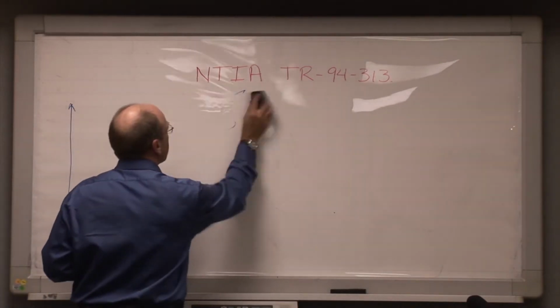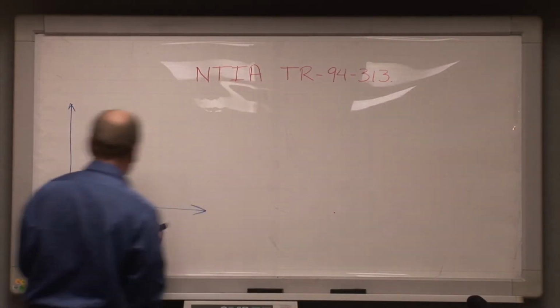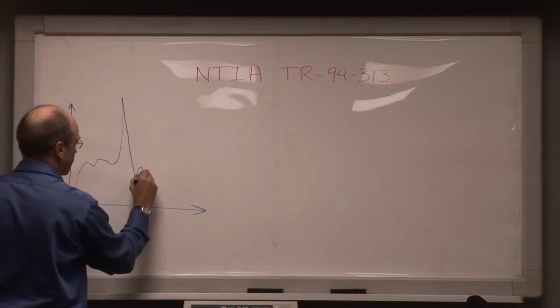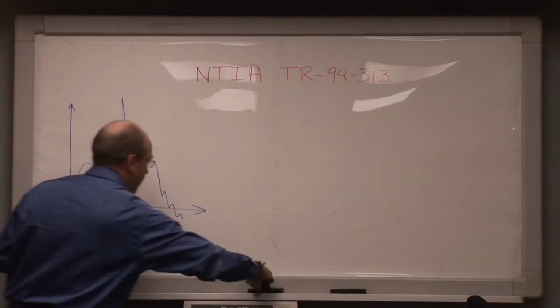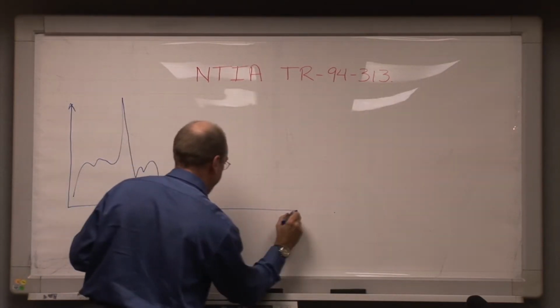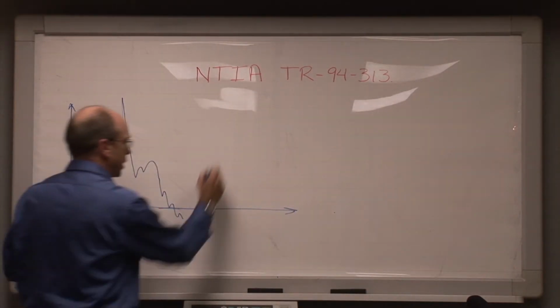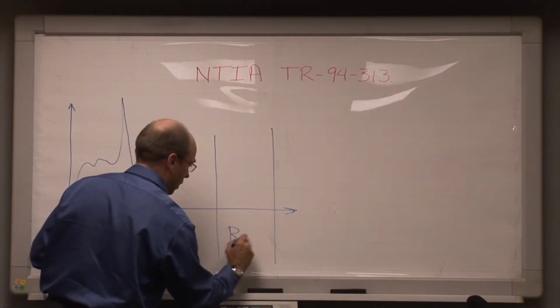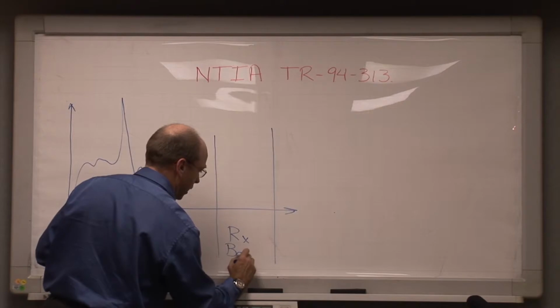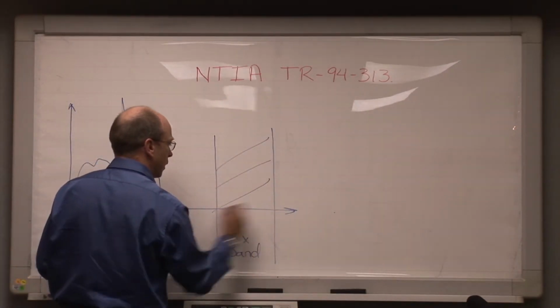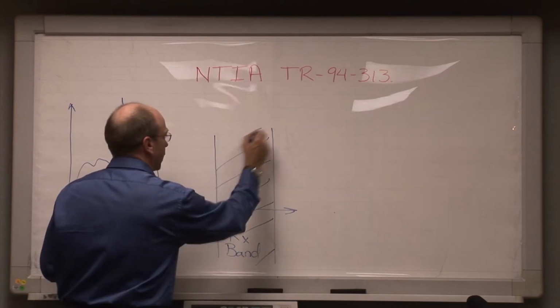And the reason that you need to measure the spectrum is because you need to know, and we'll say that this is what the spectrum looks like, the extent to which this transmitter is producing energy in the band of the receiver that would or would not be sufficient to cause co-channel interference.